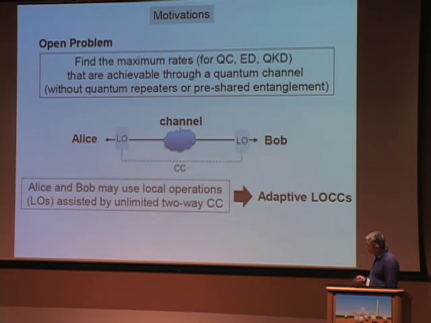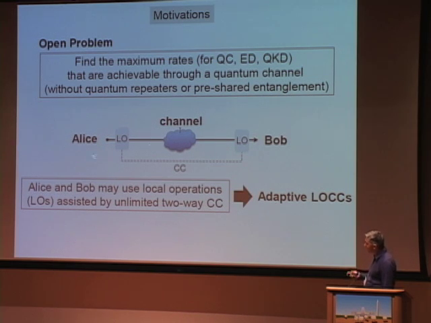Now, the most general strategies that we may think of are based on local operations and unlimited two-way classical communication. What do we mean? We mean that Alice prepares some input to the channel with some local operation. Bob usually makes some measurement, and then there is two-way communication. So there's feedback back to Alice, and some forward communication to Bob, in such a way that they optimize their local operations.